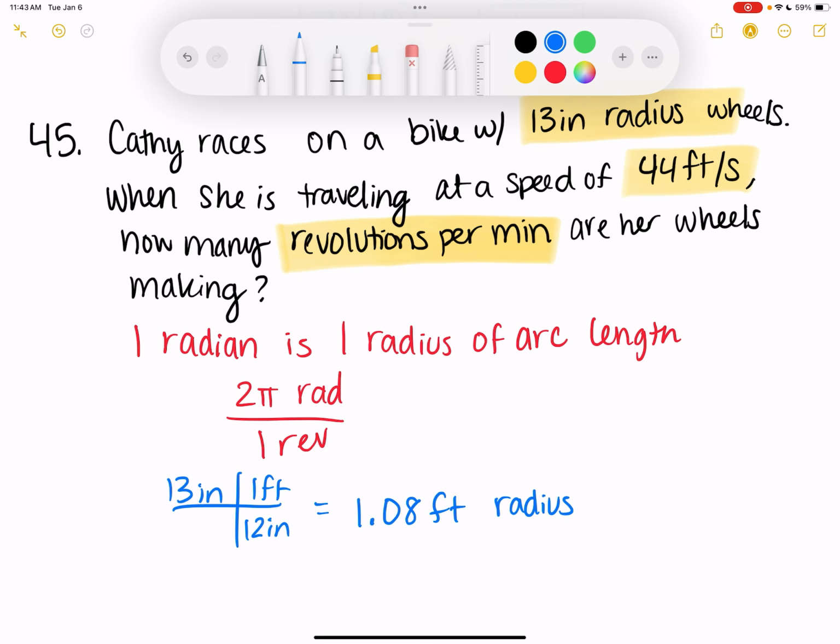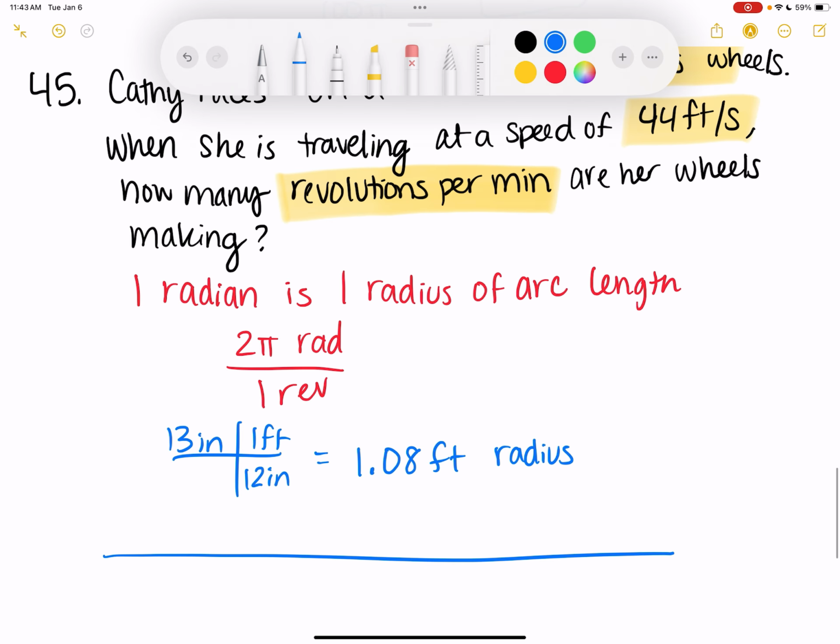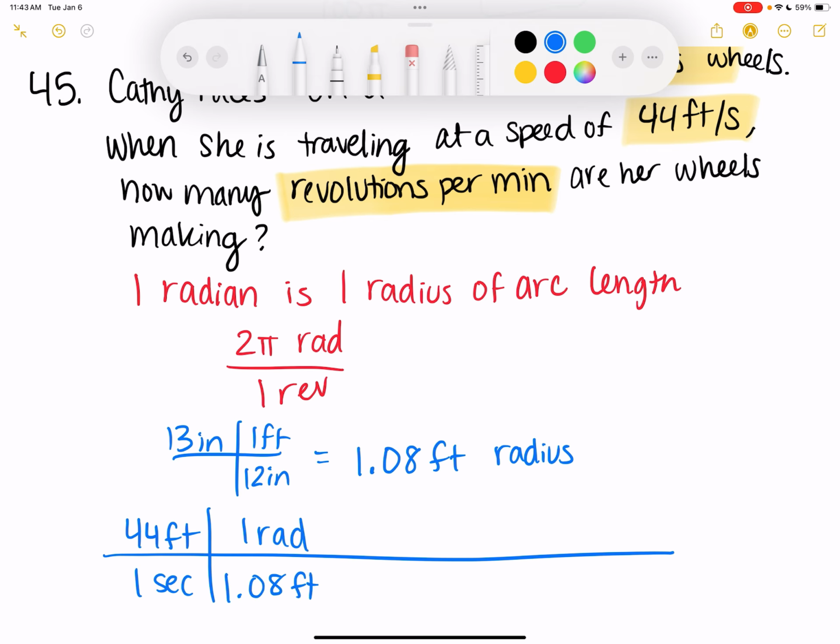So now I'm going to use my big conversion T-chart thing and fill in all my information. I'm going to start with I travel at 44 feet per second, so 44 feet in 1 second. 1 radian is 1 radius of arc length, so that means this is my radius, so I'm going to have 1 radian and 1.08 feet, because that means my feet are going to cancel.